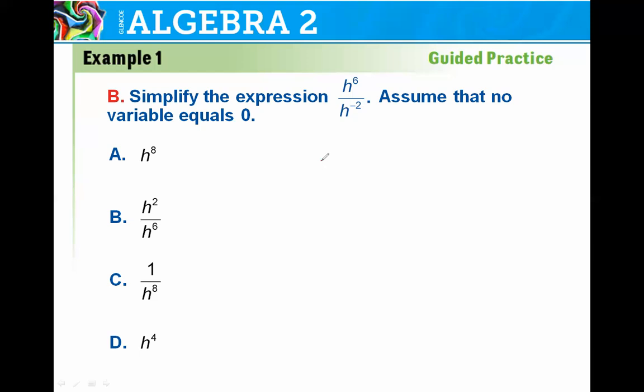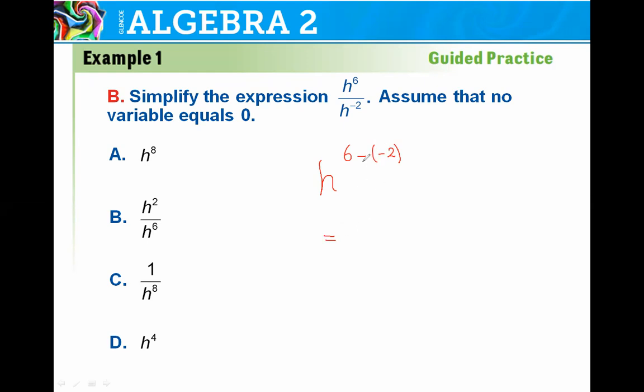So the first step, I write h, and then after that, Omar, we subtract, minus, of course. So 6 minus negative 2. Omar, equals what?